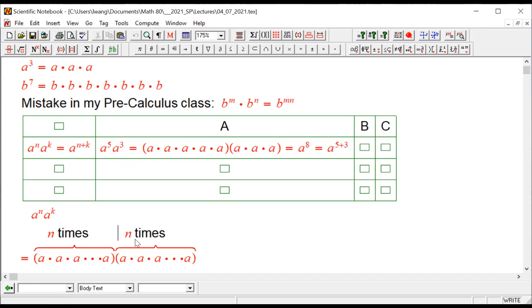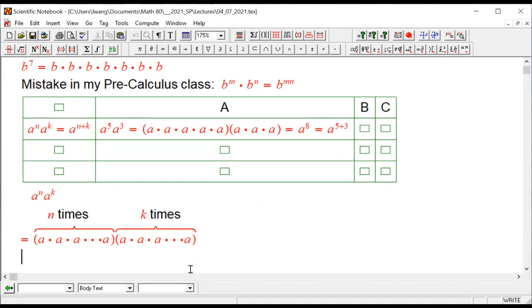So n times plus k times is how many times a is being multiplied. So in the end, what do we get? So you can totally figure out this formula, don't you? I believe in you. I do.